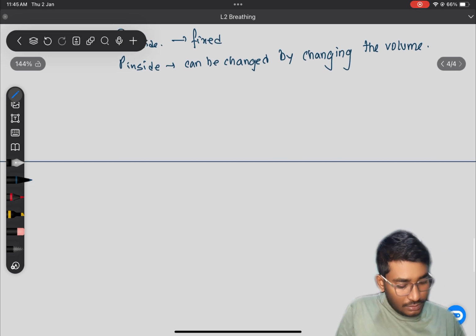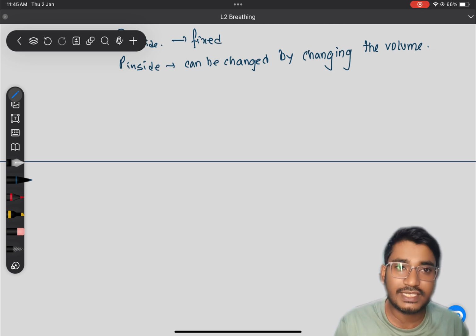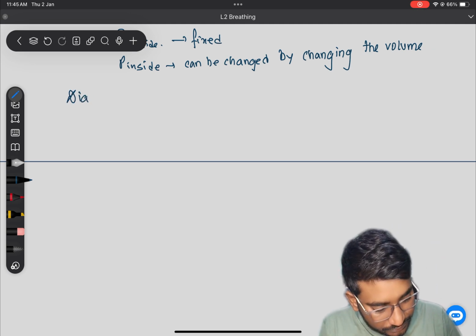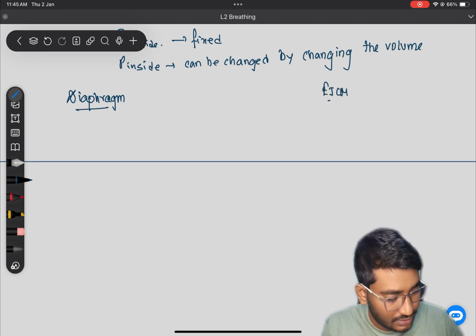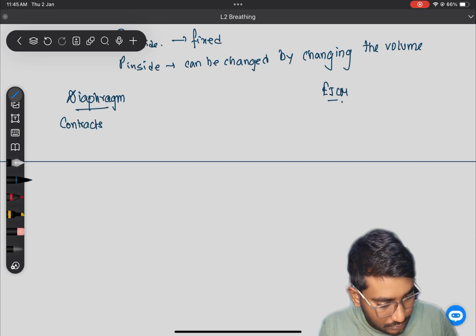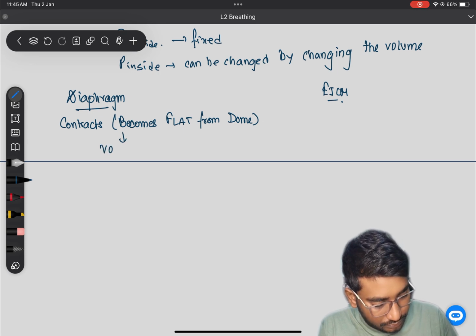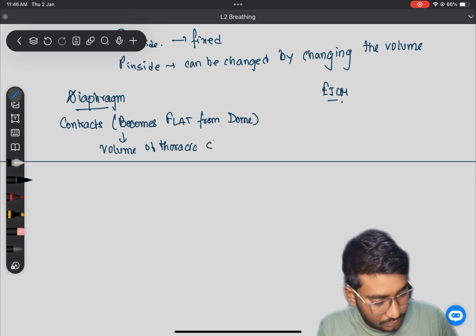Now, which muscles are responsible? The diaphragm and the external intercostal muscle are responsible for changing the volume of the thoracic chamber. The diaphragm contracts and becomes flat from dome shaped.